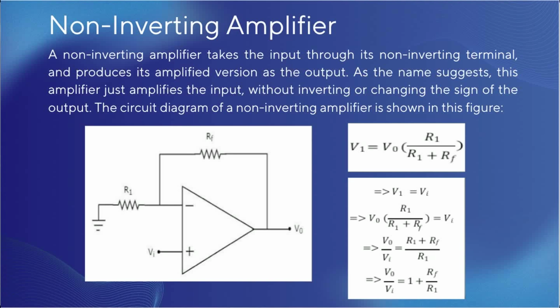The input voltage Vi is directly applied to the non-inverting terminal, that is the positive terminal of the op-amp. So the voltage of the positive terminal will be Vi. Now, by using the voltage division principle, we can calculate the voltage at the inverting input terminal of the op-amp as shown here.